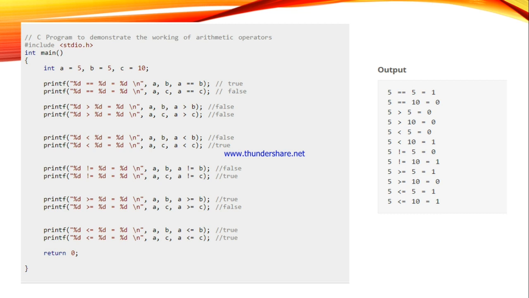That's why here we have 5 equal to 5. If 5 equal to 5, it returns 1 because it is true. A is 5, b is 5, it returns 1. If the value is true, it returns 1. If the value is false, it returns 0. And similarly all the statements.